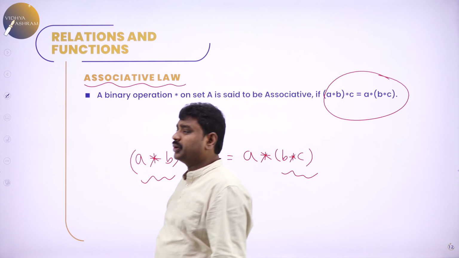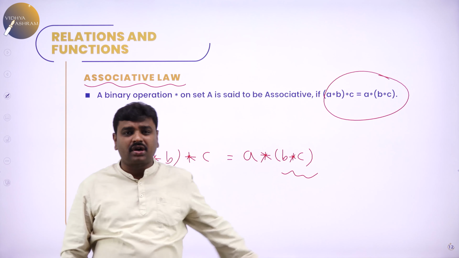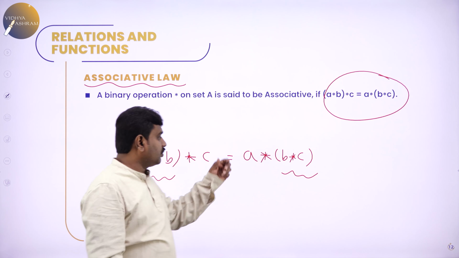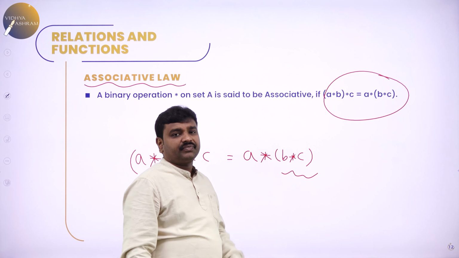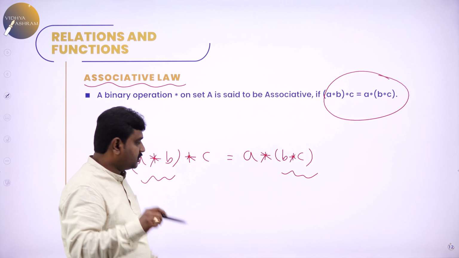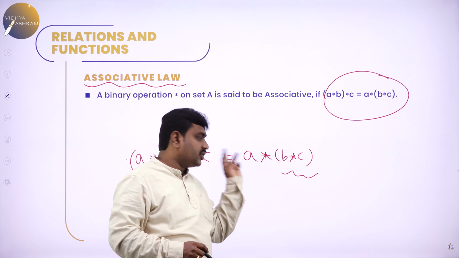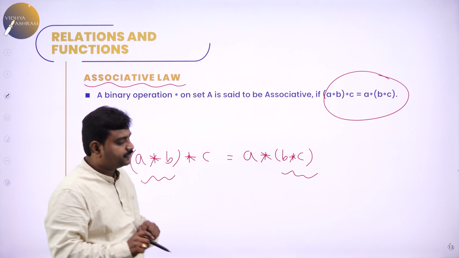However you group, it should give the same. First element operated on second, outside third, is equal to the first operated on the second and third. (A star B) star C is equal to A star (B star C). If we get the same on both sides, then we say star is associative.